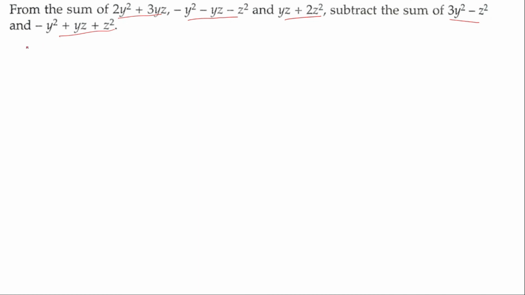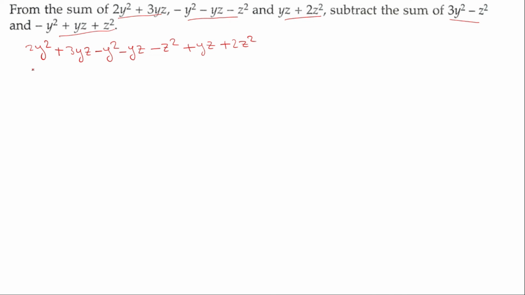That means 2y square plus 3yz plus minus y square, or we can write it directly, because plus and minus is minus, so we can write minus y square minus yz minus z square plus yz plus 2z square.